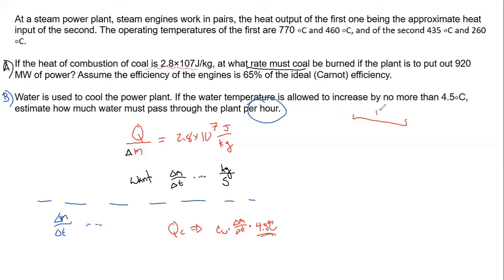You have T super hot, Q1, Q2, QC, work 1, work 2. I don't know which one you're going to figure out first because you could solve the efficiency a little bit differently, but you can still conserve energy.